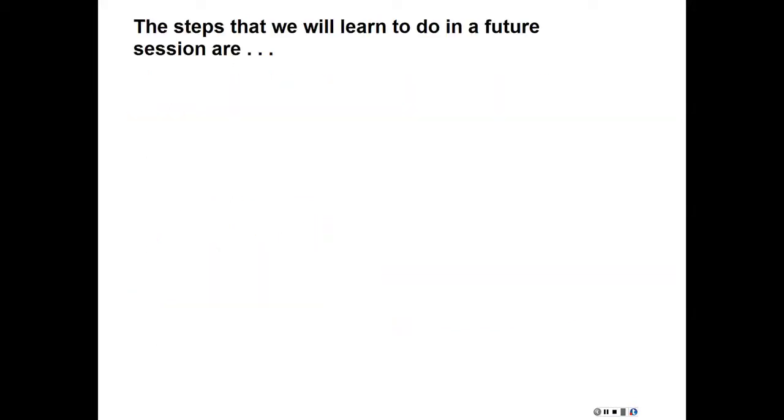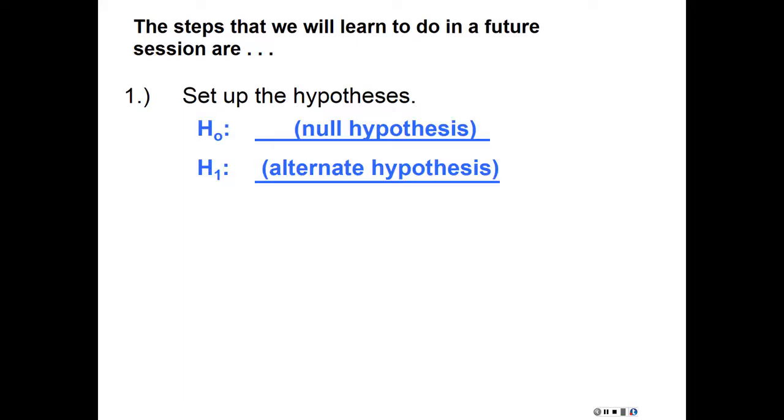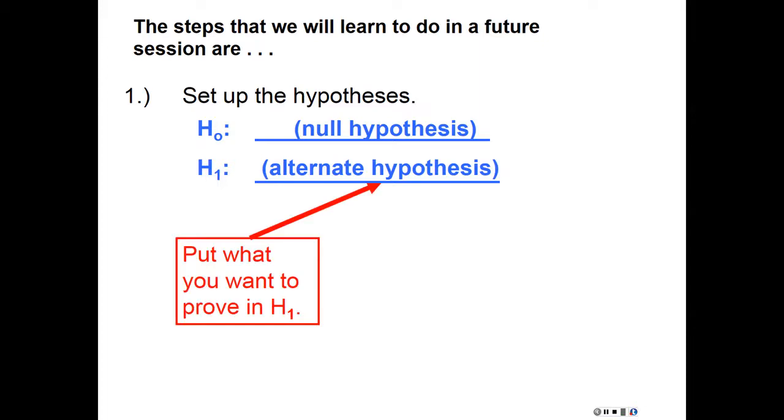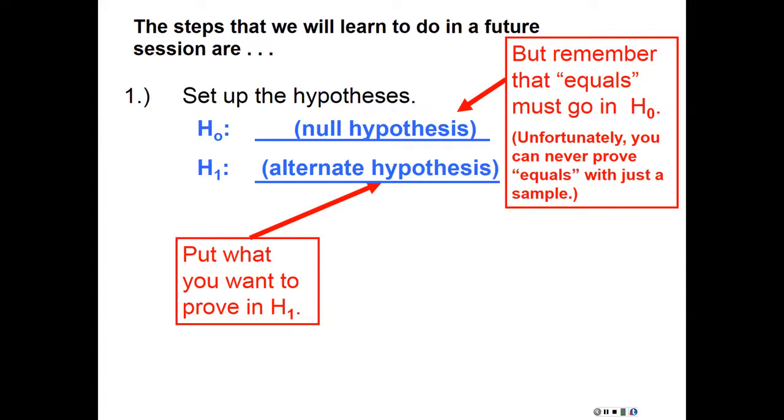So what we're going to learn to do, and then I'm going to leave this and go to the next PowerPoint, is we're going to learn to set up the hypotheses given a problem, H0 and H1. We're going to put what we want to prove in H1, but you remember that equals has to go in H0.